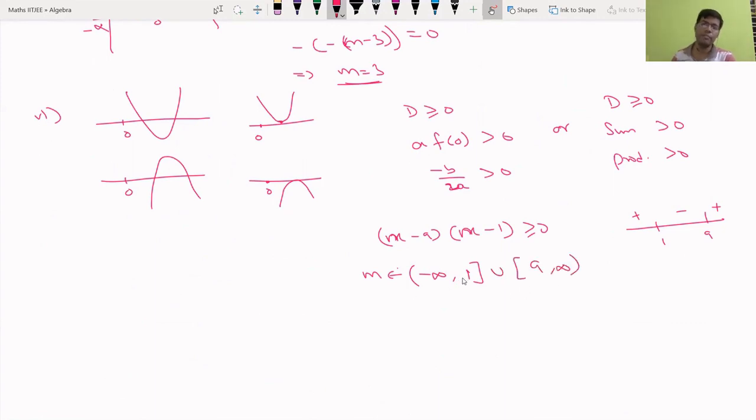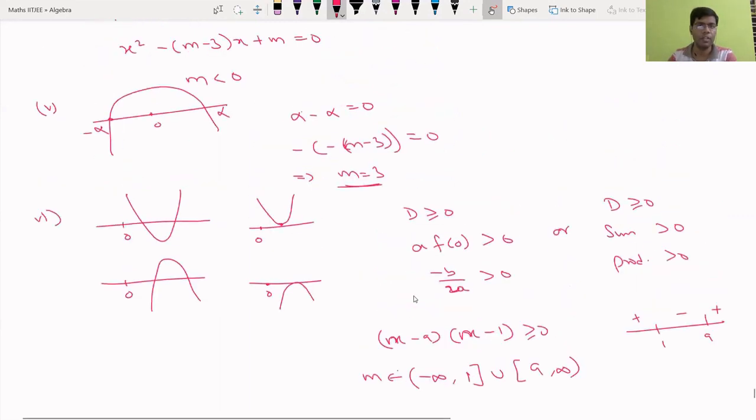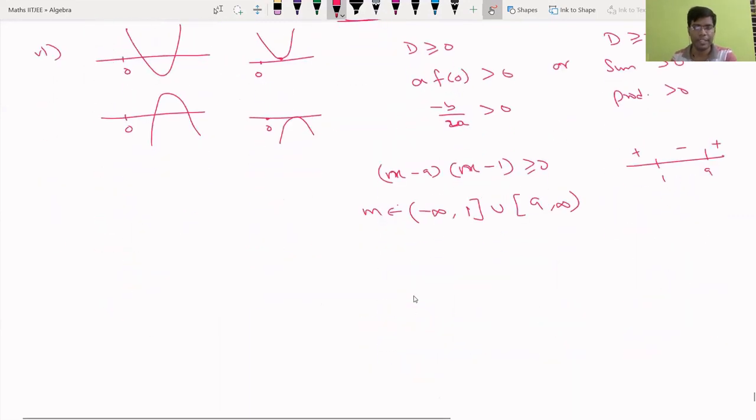So this is where my m has to lie, and also my sum has to be greater than 0. That means my sum of roots is m minus 3, so m minus 3 should be positive. That is, m should be greater than 3. So this is the first condition, this is the second condition, and my product should be positive.